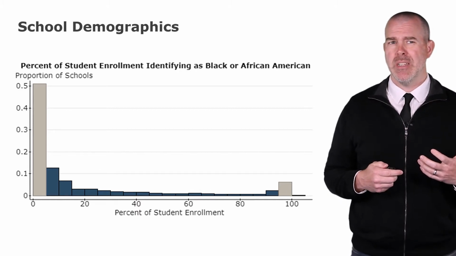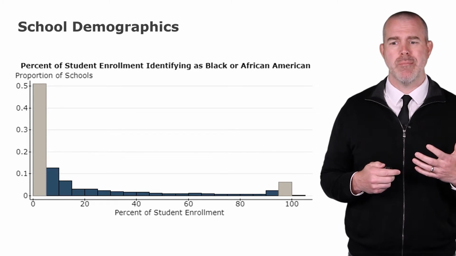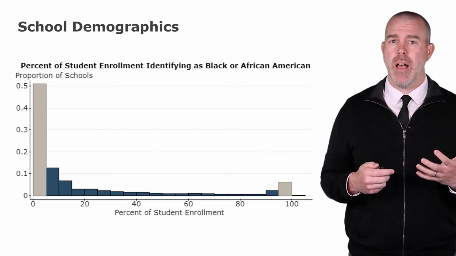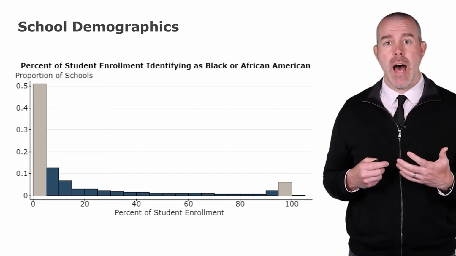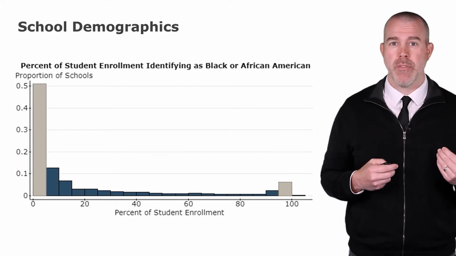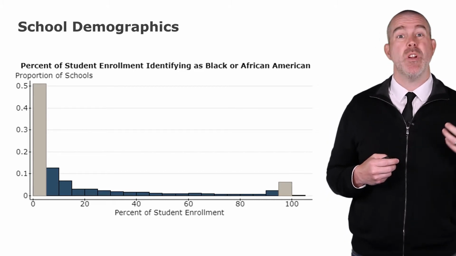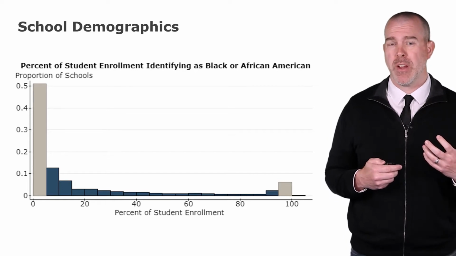And this points to something really interesting about Illinois, and a lot of America as well, that we're very segregated. The majority of schools, in fact, have very few Black or African American students. And then there are a few schools that are really concentrated, with almost all Black or African American students.